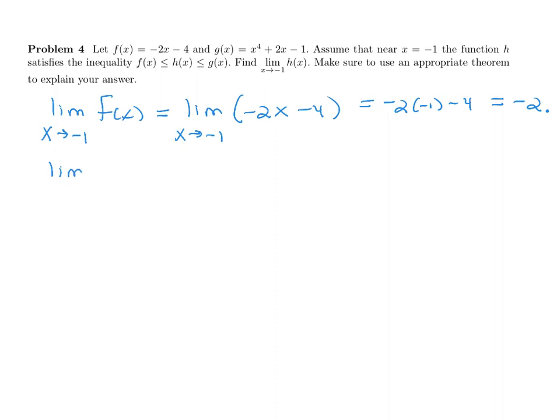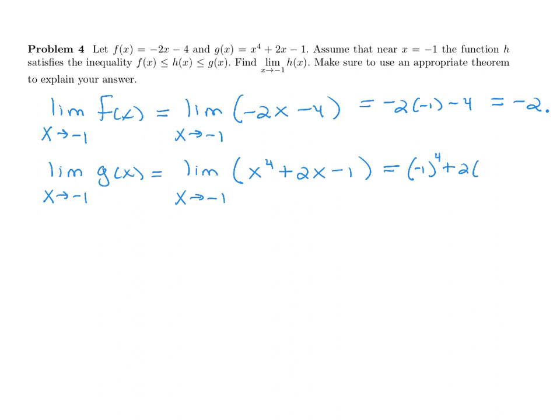Also, we'll look at the limit as x approaches -1 of the function g of x, which is the limit as x approaches -1 of x to the fourth plus 2x minus 1. Again, here we have a polynomial, so by direct substitution, this limit is equal to (-1) to the fourth plus 2 times -1 minus 1. That's also equal to -2.